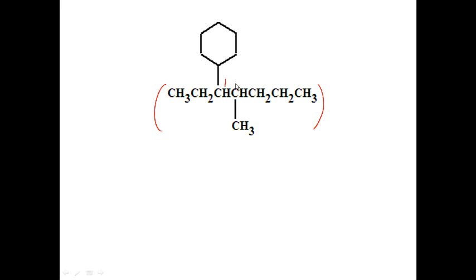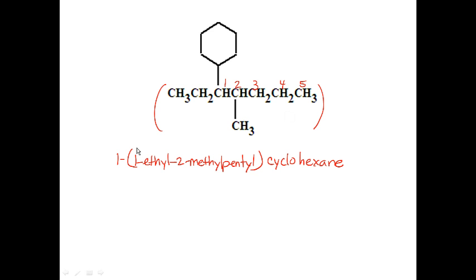And so I would start numbering here, 2, 3, 4, 5. So I would call this a 1 ethyl, 2 methyl pentyl cyclohexane. This is one possible name for this. You may say, do you have to put a 1 in front of it?